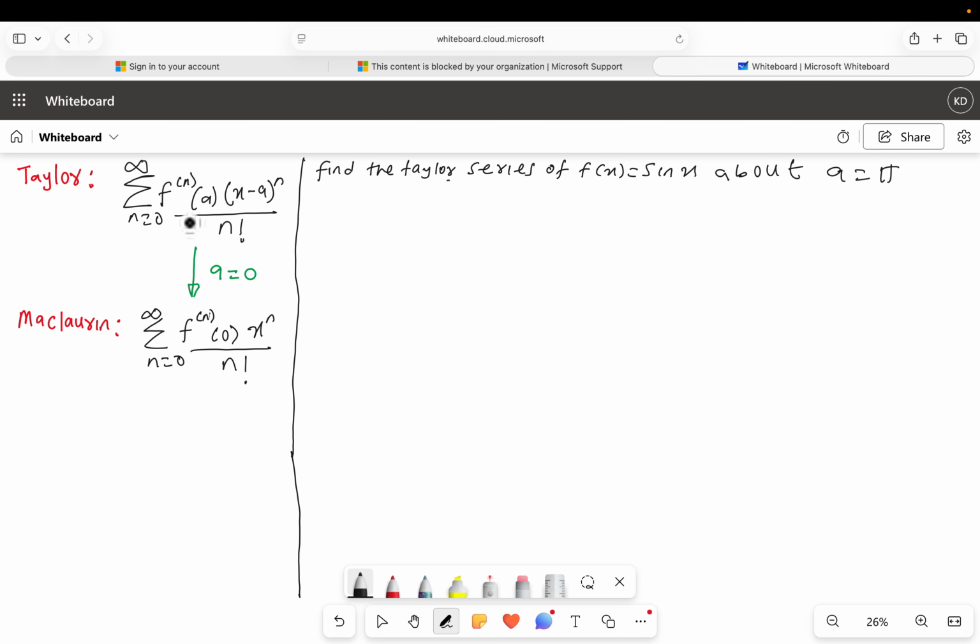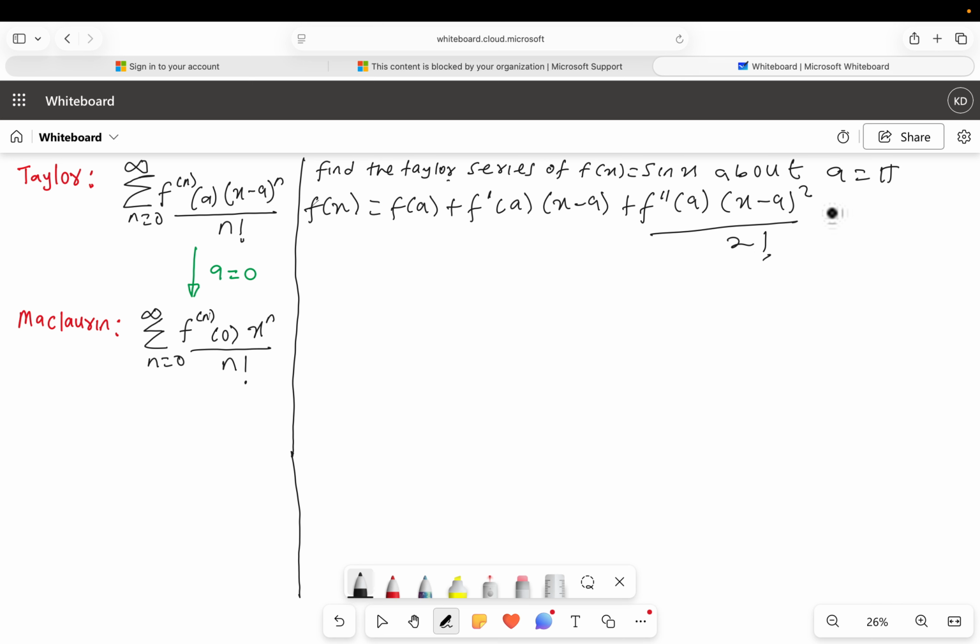So considering this general formula, our f of x will just be f of A, then we have f prime of A times x minus A, then we have f double prime of A times x minus A squared all over 2 factorial. So that is how the series will keep on going up to infinity.